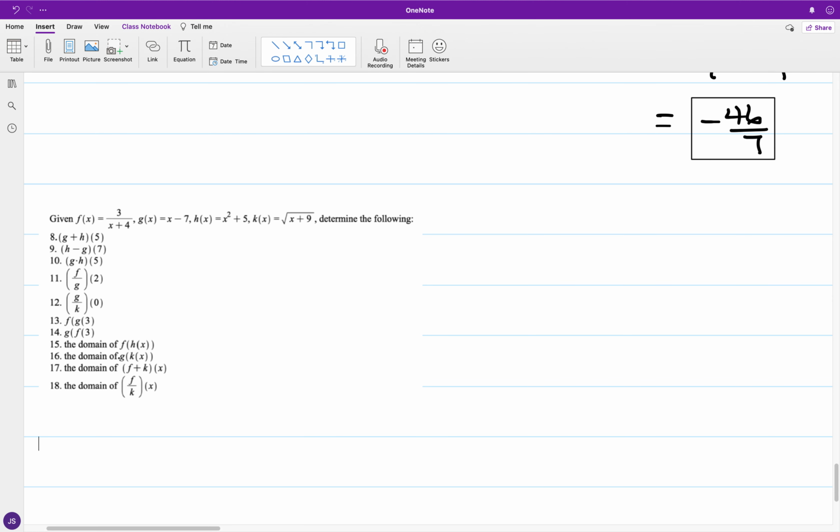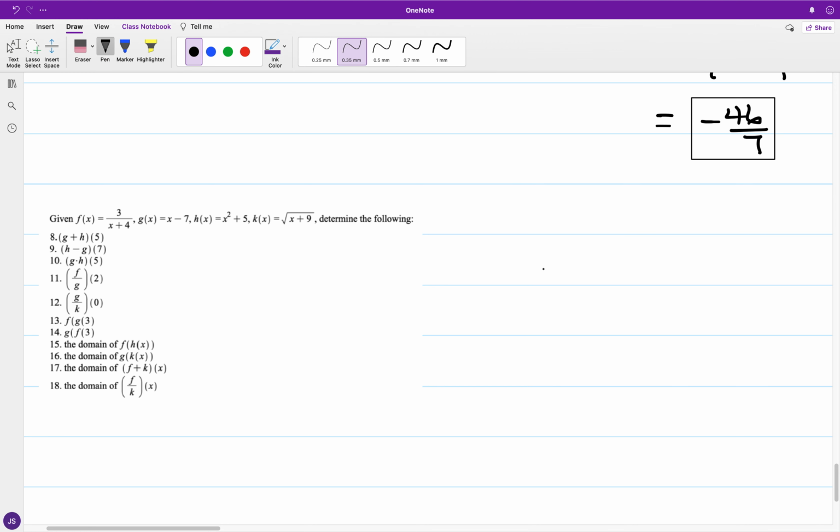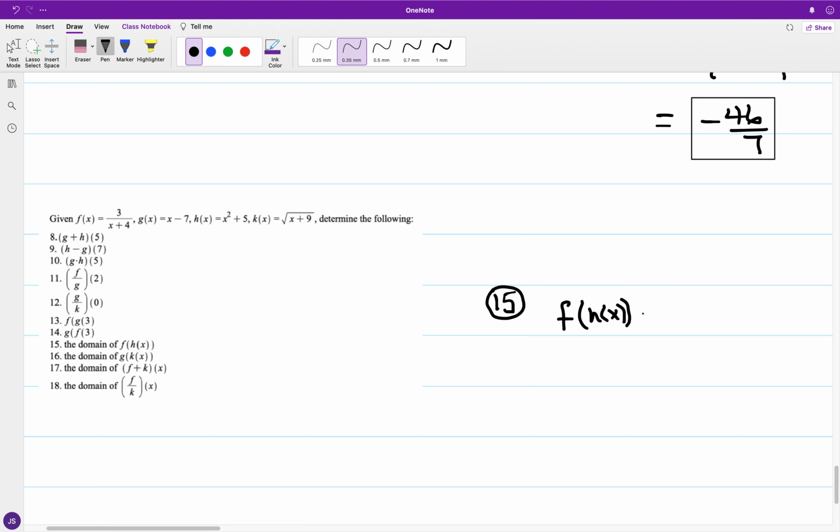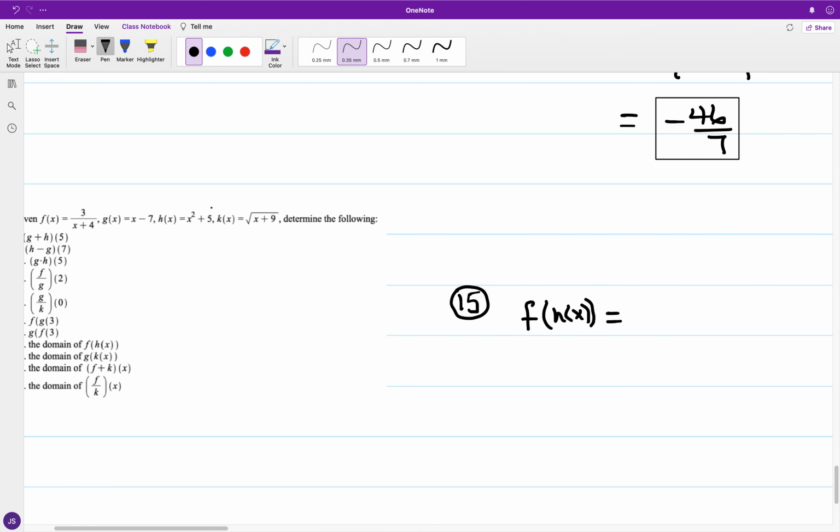So for what we have with f composed with h of x, okay, so we have with our input at h of x, so we have with f of h of x, so we'll operate in line with f of x.